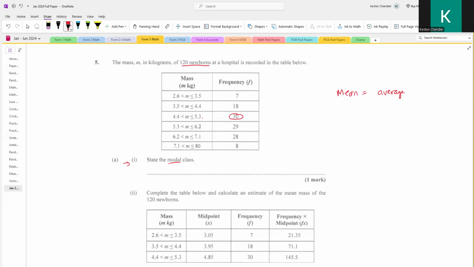When we talk about the median, we're talking about the middle position. And when we talk about the mode or modal, we're talking about the most frequent occurrence. So the most babies belong to the class greater than 4.4 and less than or equal to 5.3. That's where you have the most frequent weights. All right, so that's for 1 mark.